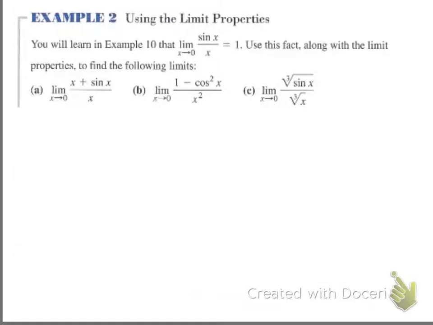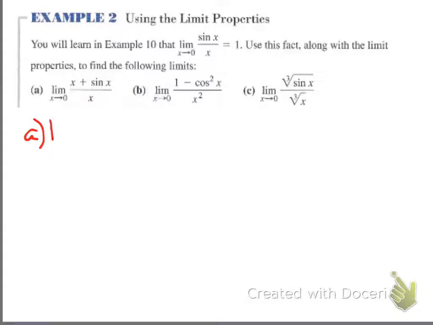So for example, it says, you will learn in example 10 that the limit as x approaches 0 of sine x over x equals 1. Use this fact along with the limit properties to find the following limits. So part A, we have (x plus sine x) over x.